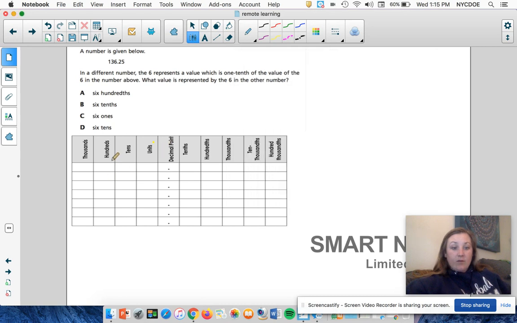Now I'm using my place value chart as a tool to see which digit is identified with what value. It's important to understand the value of each digit when reading a question that has to do with place value. I'm going to reread my question 3 times like we always do, using cues.